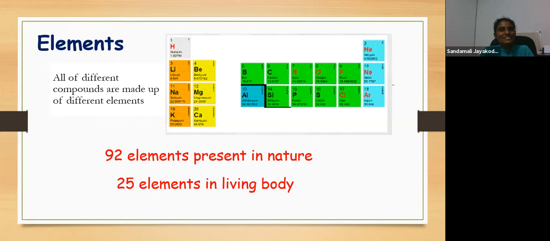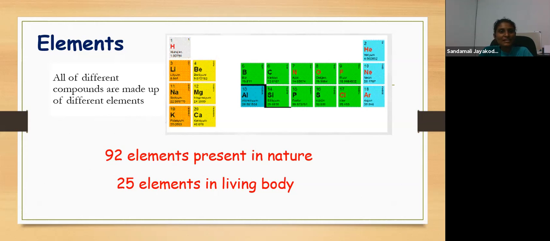That means when we take different foods, we take different compounds, which means we are taking different elements. Later on, we use these elements in our body to make different compounds. As an example, we have muscles, and to produce muscles we need different elements.